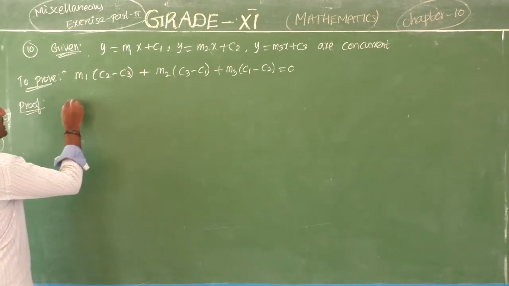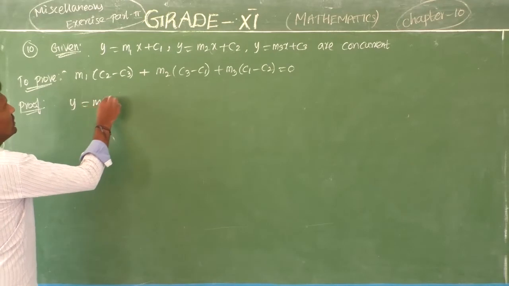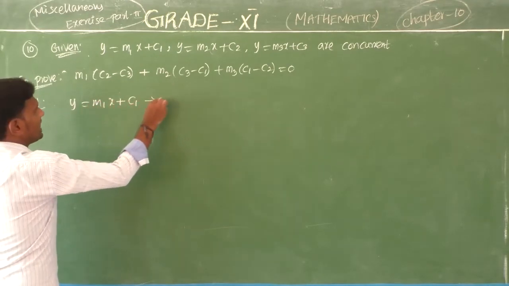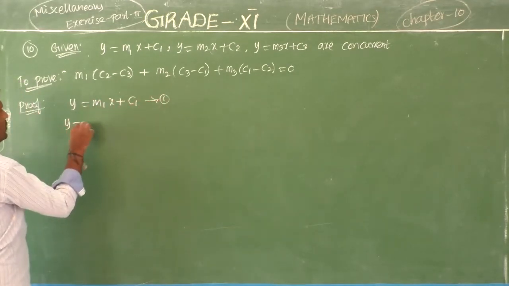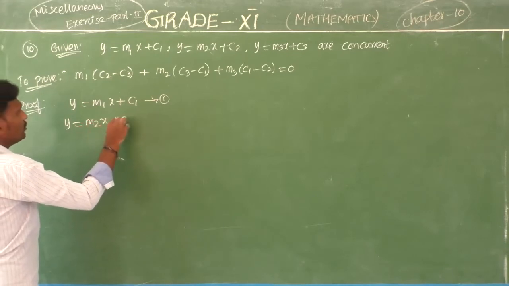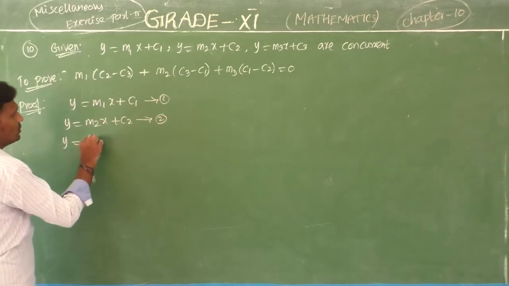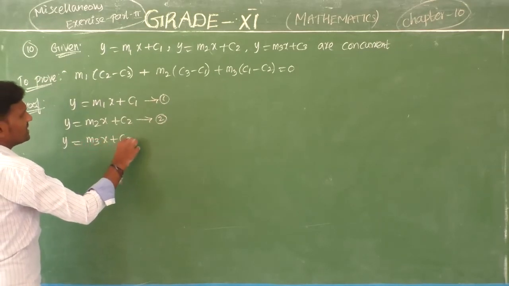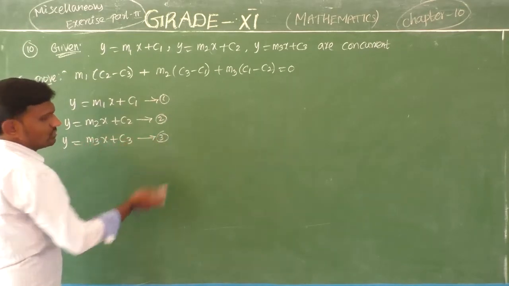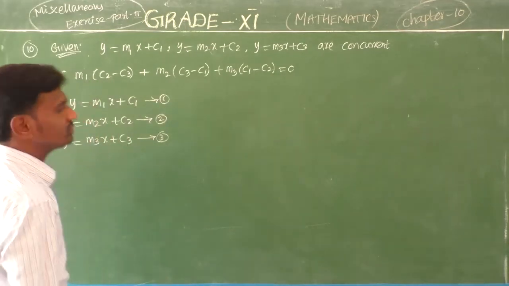Okay, so first take y equal to m1x plus c1 as equation number 1, y equal to m2x plus c2 as equation number 2, then y equal to m3x plus c3 as equation number 3.